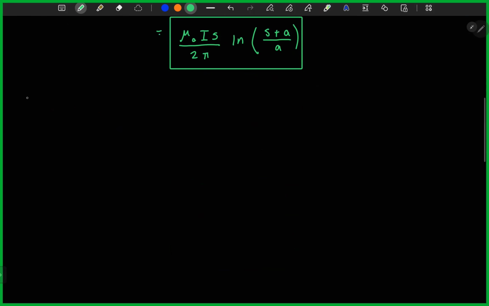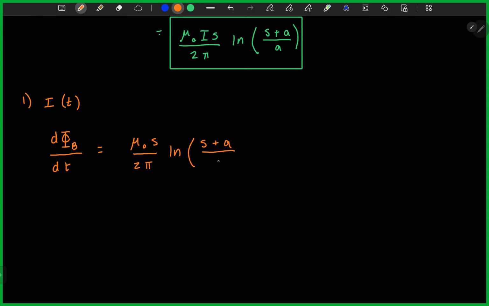Scenario 1, let's imagine that I itself is a function of time. In that case, we can say that d phi b by dt, and I'm writing this in the abstract case, we can talk about specific functions of time, is equal to, note that all of the parameters of the problem are constant, s isn't changing, distance from the wire isn't changing, mu naught and 2 pi are obviously constants, so we'll pull out mu naught s over 2 pi, ln of s plus a over a, times I prime of t.